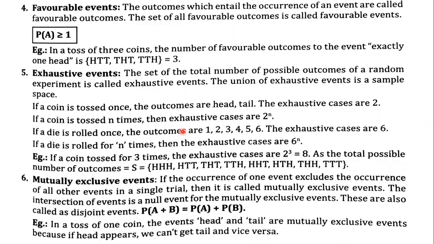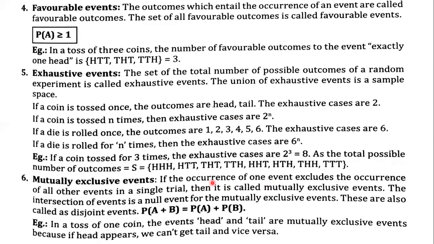Next, mutually exclusive event. Now in mutually exclusive event, if the occurrence of one event excludes the occurrence of all other events in a single trial, then it is called as mutually exclusive. If one event is happening, we will only focus on that event and we will not consider the other event.